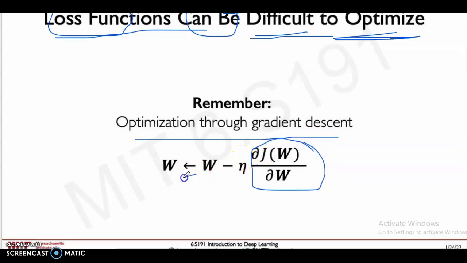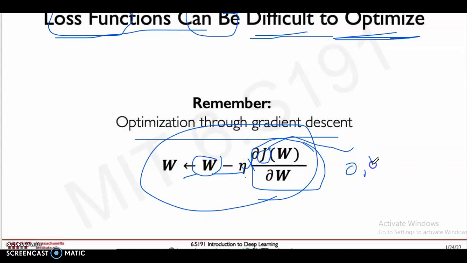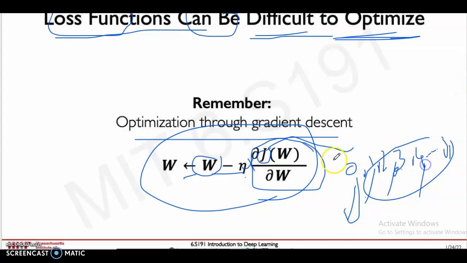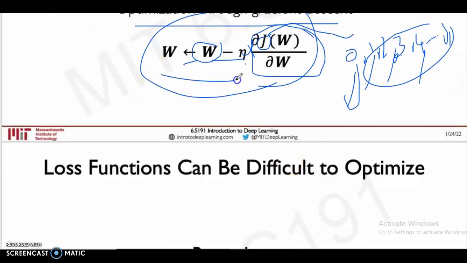So multiply with mu, then subtract from W. Doing it like this, for j equal to 0, j equal to 1, j equal to 2, j equal to 3, and so on. We always have to keep in mind that W gets updated as W minus mu dou J of W with respect to dou W.